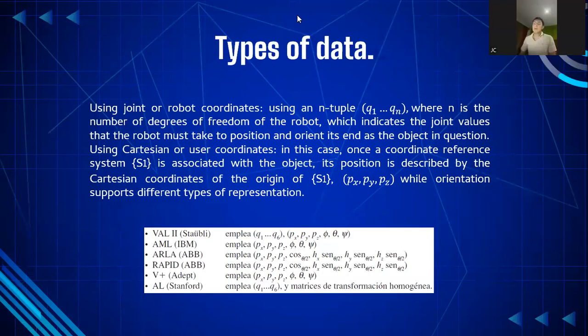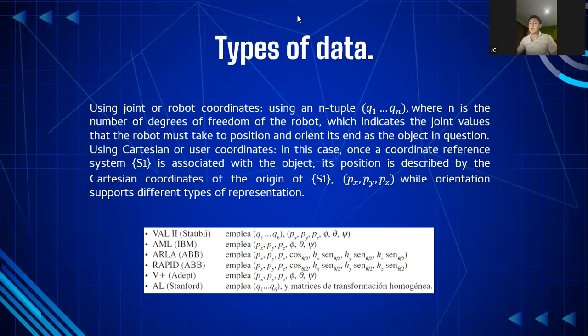Okay, talking about the type of data corresponding to mathematical tools, the spatial position and orientation of an object can be specified in various ways. Using general robot coordinates, using an n-tuple, where n is the number of degrees of freedom of the robot, which indicates the joint values that the robot must take to position and orientate its end at the object in question.